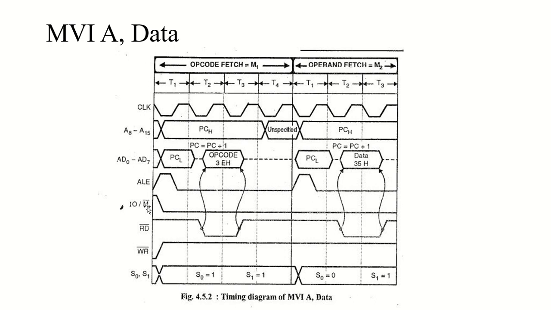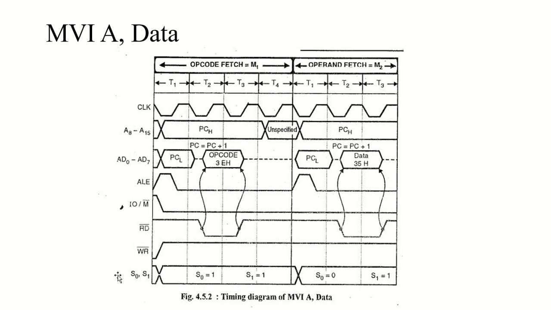Same thing will happen for ALE, IO/M, read, write, and status signals. And the opcode fetch machine cycle will remain the same as what we saw in the previous case.